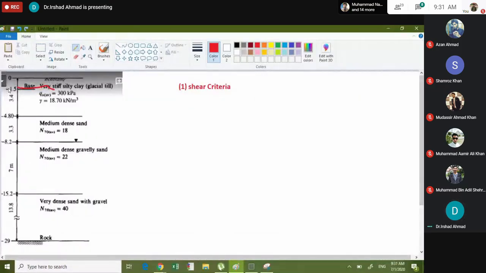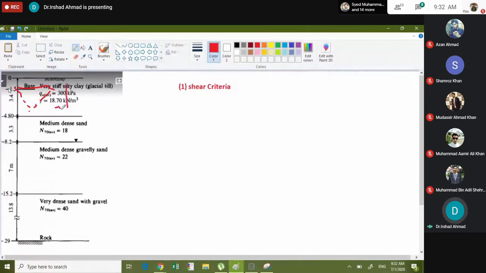Okay. So you see, there is a failure wedge in Terzaghi or Meyerhof bearing capacity equation, and the soil where the wedge is contributes to the shear strength of the soil. The depth of this wedge depends upon what? Can anybody tell me?